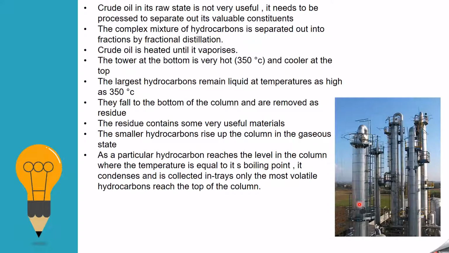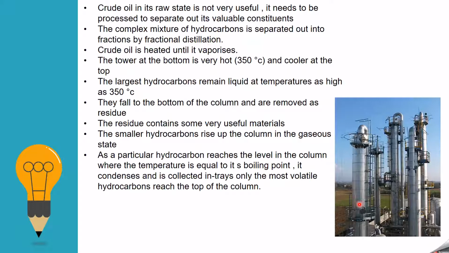The bottom of the tower is very hot, around 350 degrees Celsius, and it is cooler at the top. The largest hydrocarbons remain liquid at temperatures as high as 350 degrees Celsius, and they fall to the bottom of the column and are removed as residue.